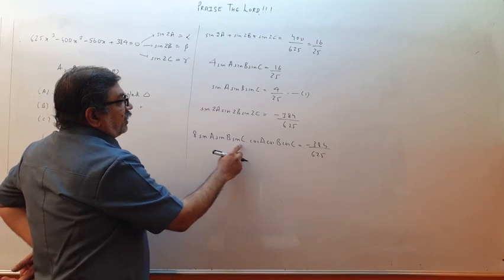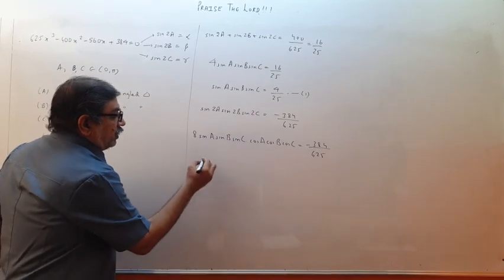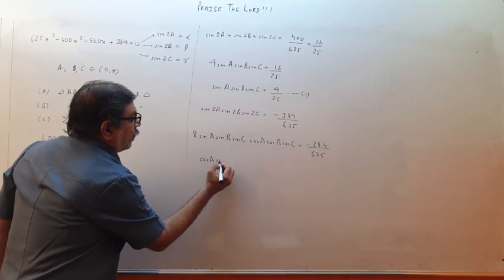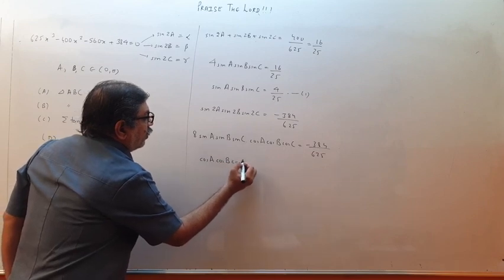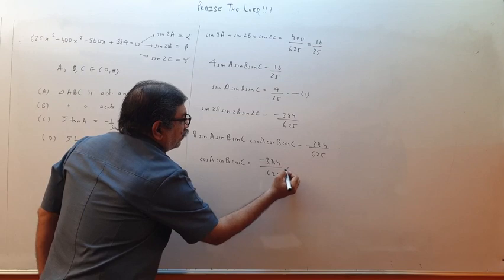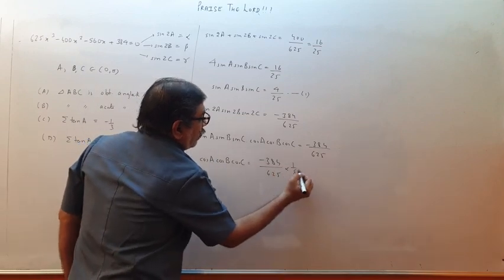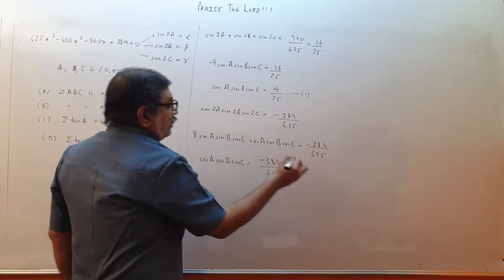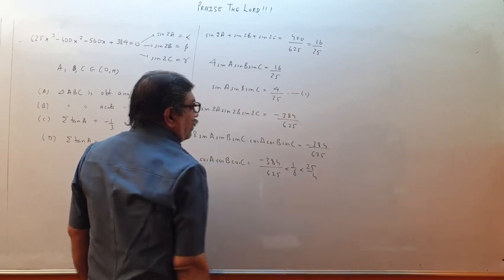See, sin A sin B sin C I know, 4 upon 25. So cos A cos B cos C becomes minus 384 upon 625. This 8 comes over here, and sin A sin B sin C becomes 25 upon 4.